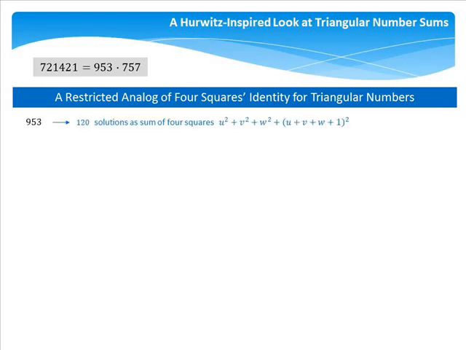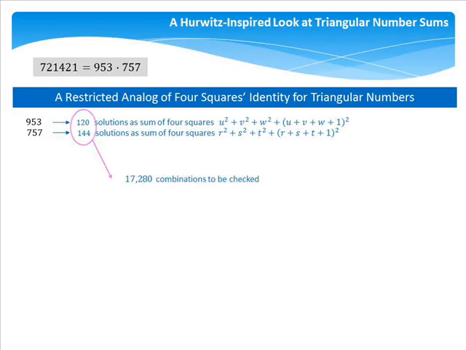Note that 953 has 120 solutions as a sum of 4 squares in the form of u, v, w, and u plus v plus w plus 1, which are not easy to find, by the way. Similarly, 757 has 144 such solutions. So we need to select one solution out of over 17,000 possible combinations.